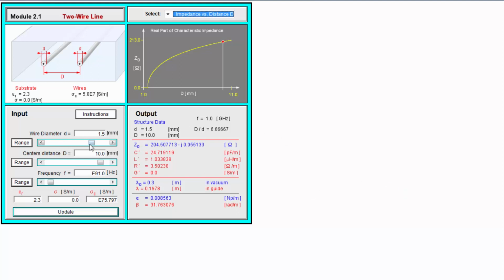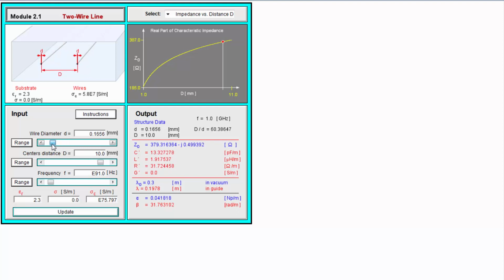so now let's for example start by changing the diameter of each conductor. Now we have 1.5 millimeter. If we decrease this, we see the characteristic impedance here is increased when we decrease the diameter of the conductor.